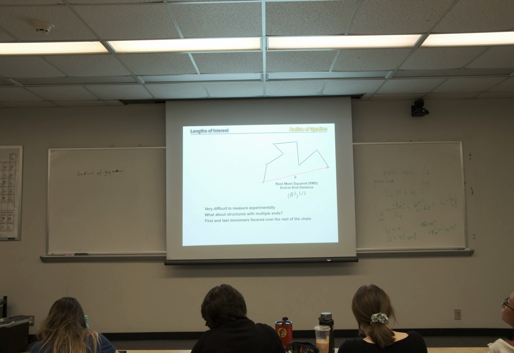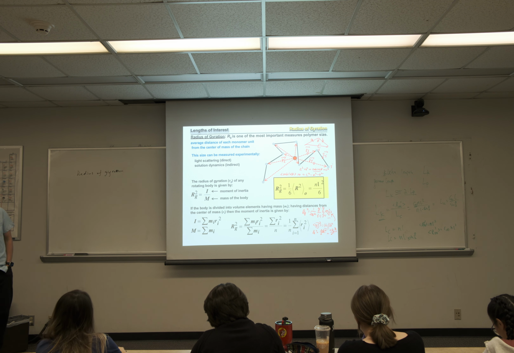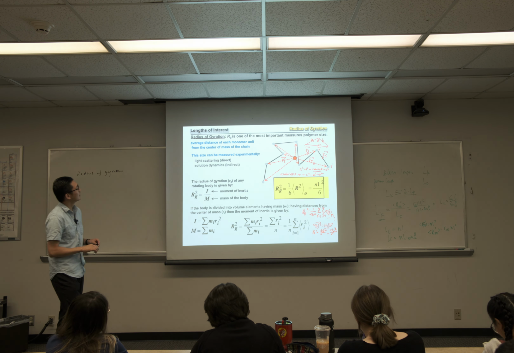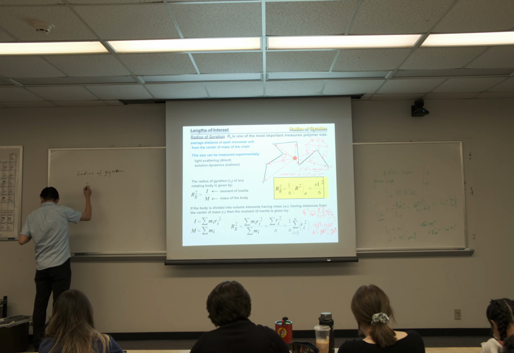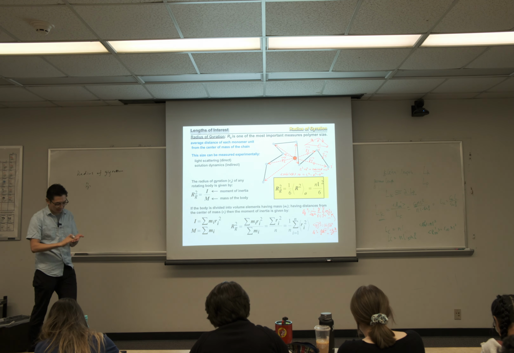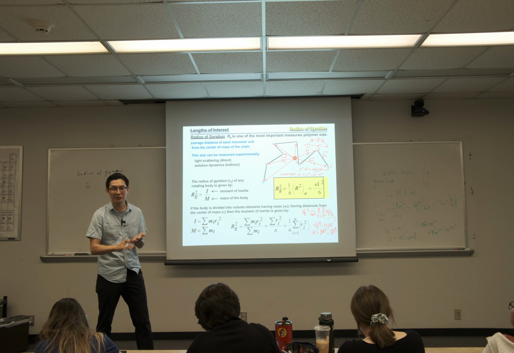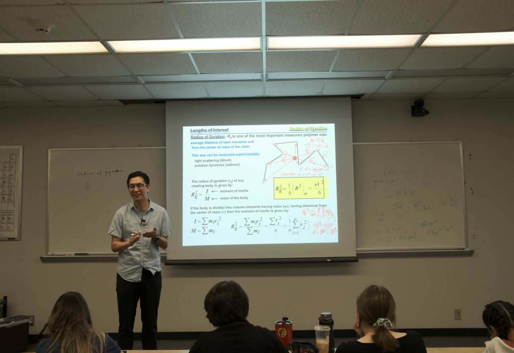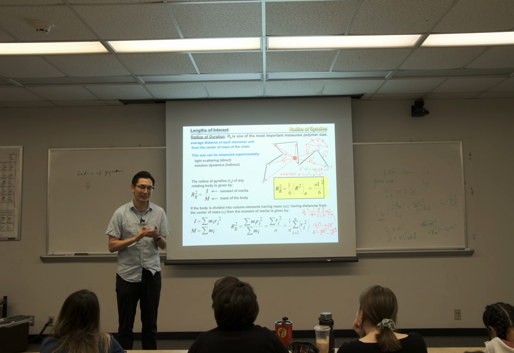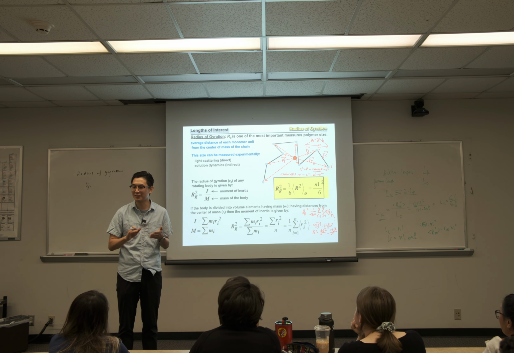Okay? This is a parameter we can measure, called Rg. If you read other people's published work in polymer science, this is a parameter you're going to know. This is very important, because this is how we measure the size of a coil.